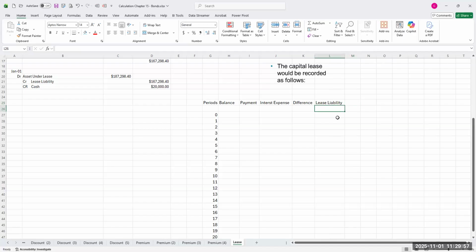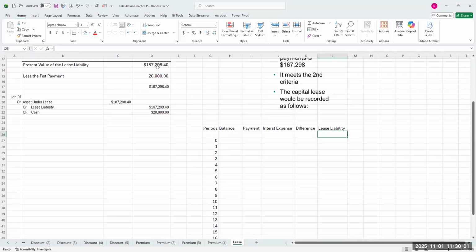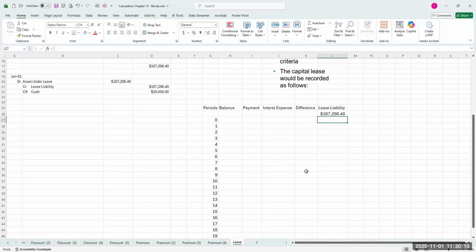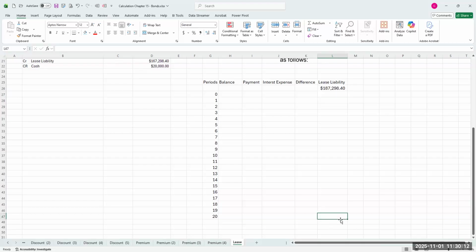In the very beginning, our lease liability was equal to the present value of all the future payments. At the end of the period, lease liability has to be 0. This is common sense. That's how it should be.